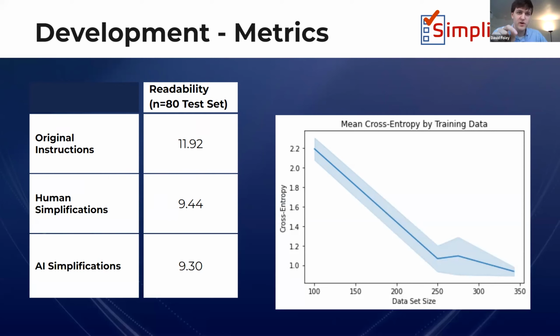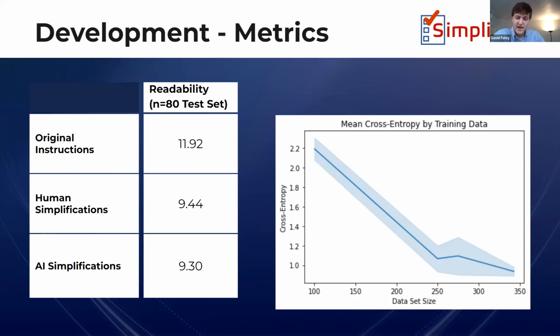This readability score does not take into account semantic content. It is based principally on length of sentences and complexity of individual words. So when we see that the AI simplifications are getting a lower score here, where lower means a lower reading level, which is good in our case, right? We want to lower the reading level.